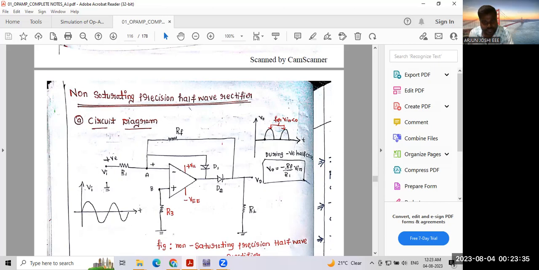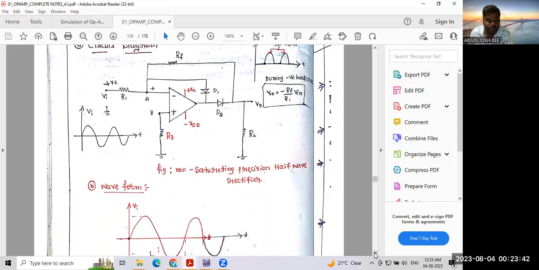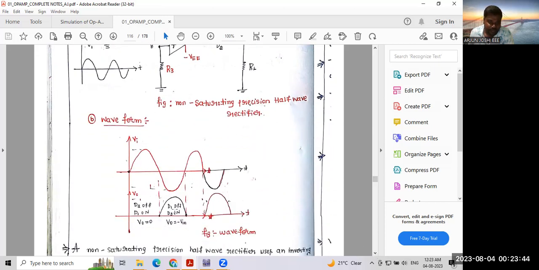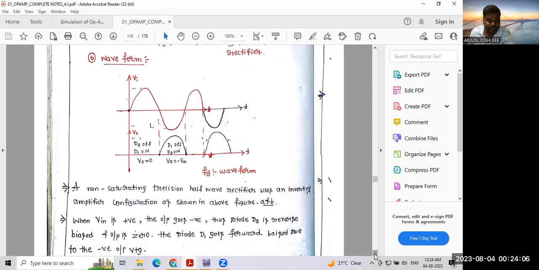Now it becomes minus Vin during the negative half cycle. Minus Vin, you need to consider positive Vin. It will be in the positive half cycle, because whenever the input is negative, the supply will generate positive, because it is an inverting amplifier. During the positive half cycle, it will clip it off. During the negative half cycle, it will provide the positive half cycle. That is nothing but non-saturation.